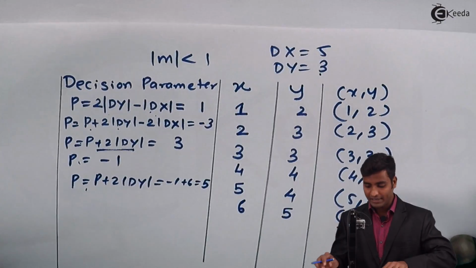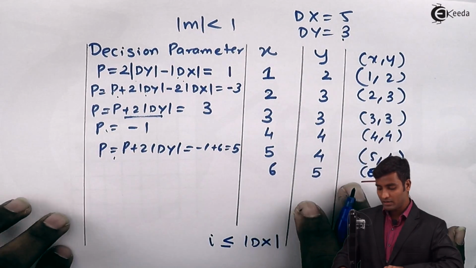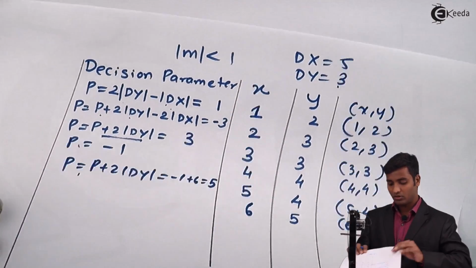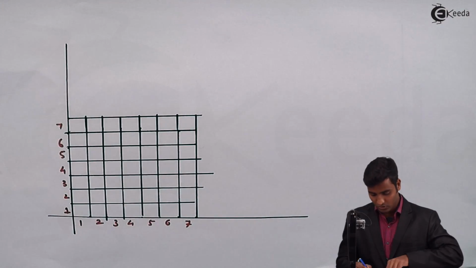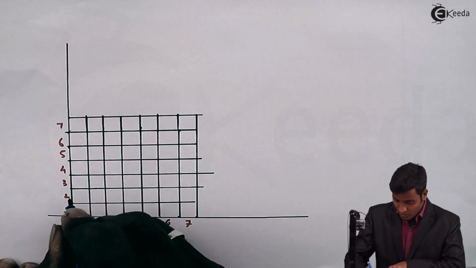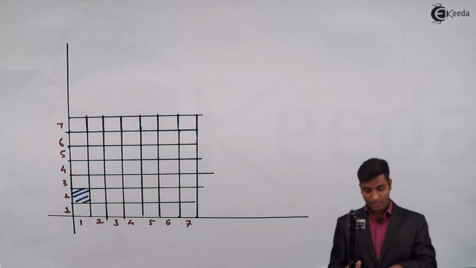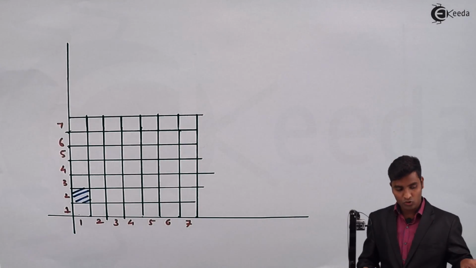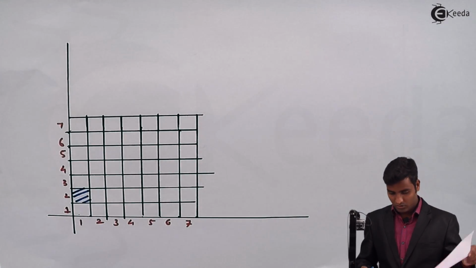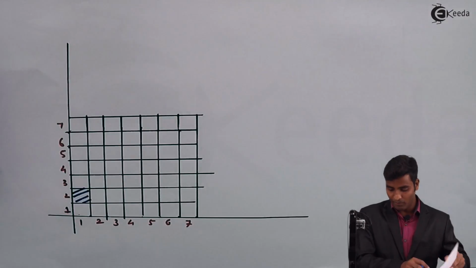So the first coordinate is 1 comma 2. I will plot this coordinate on this graph. The x coordinate is 1 and the y coordinate is 2, so this is this block, and the next coordinate is 2 comma 3, so I will plot here.